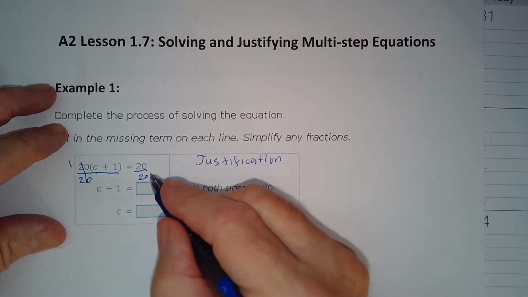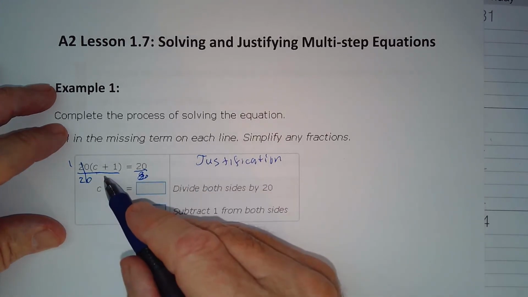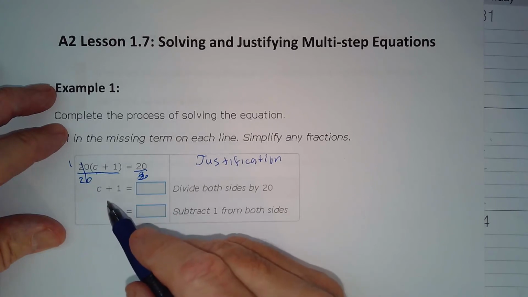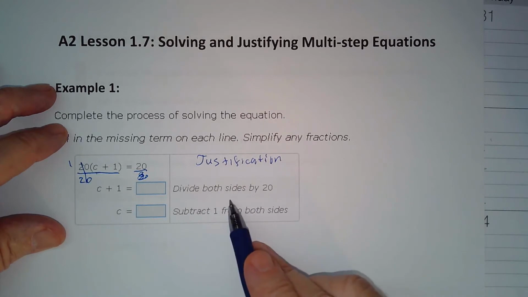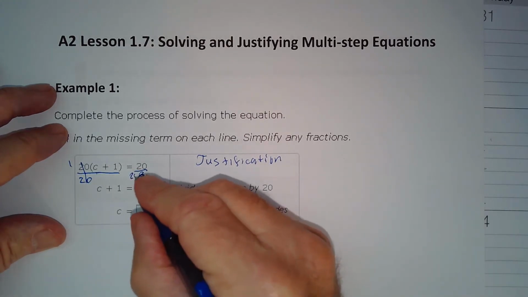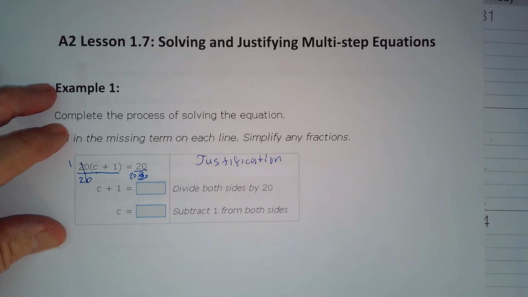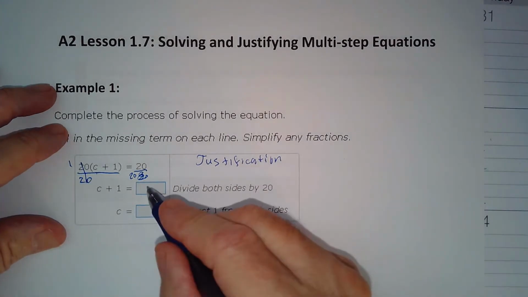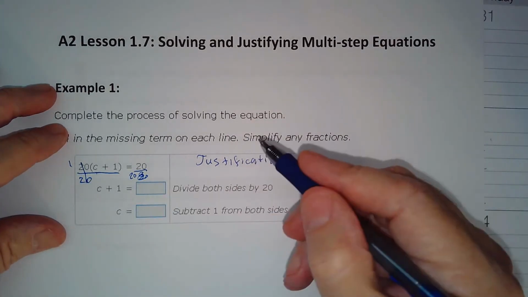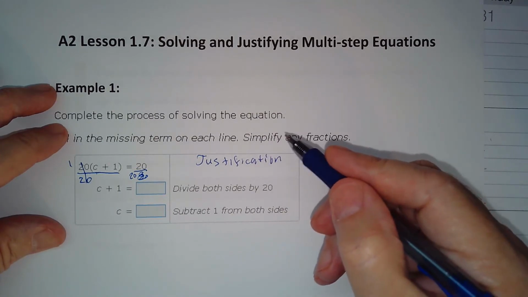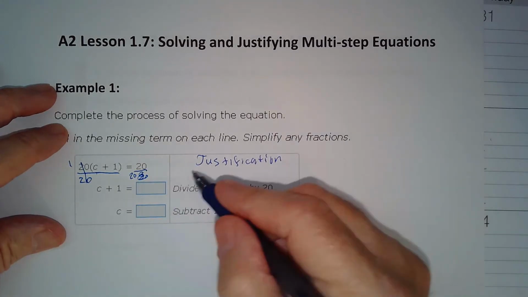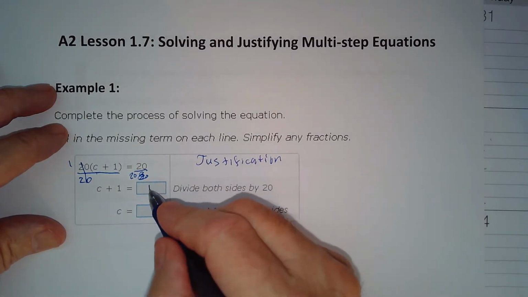But this says c plus 1, and down here I see c plus 1. So there you go. It says divide both sides by 20. So I'm going to do that now, and let Mr. Cross in. I'm going to get c plus 1 equals 1.